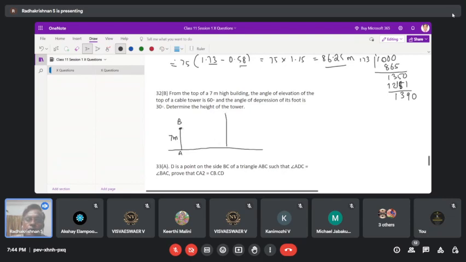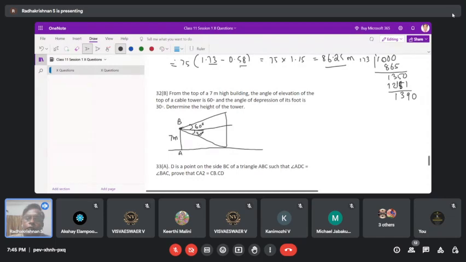That is why from the top, the angle of elevation of the top of the cable tower is 60 degree. And the angle of depression of the foot is 30 degree.